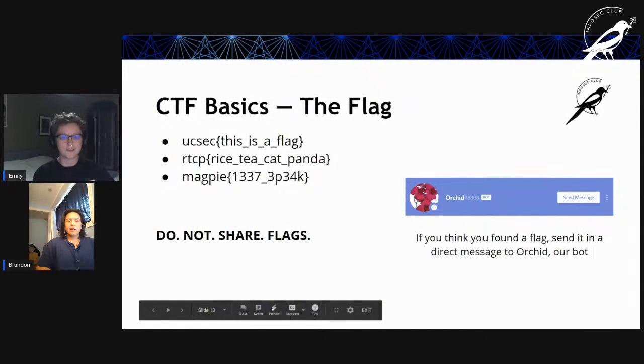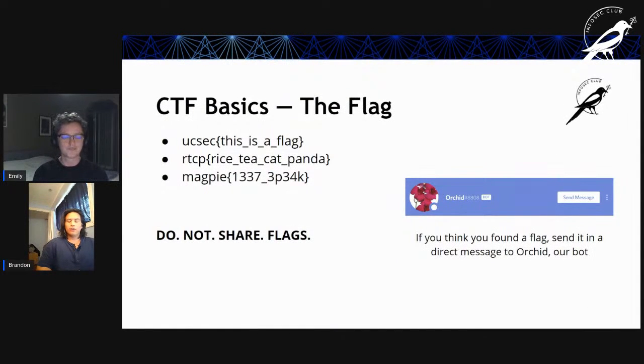So yeah, I'm going to pass it back to Brandon to talk about flags. Okay. Now, what is a flag? A flag is basically just a specific string in a very specific format, and it's just something that you give into some sort of bot or you input somewhere to get some points. We have Orchid, our bot that takes flags for us, and we also have a leaderboard running throughout the semester that keeps track of where everyone is in terms of points.